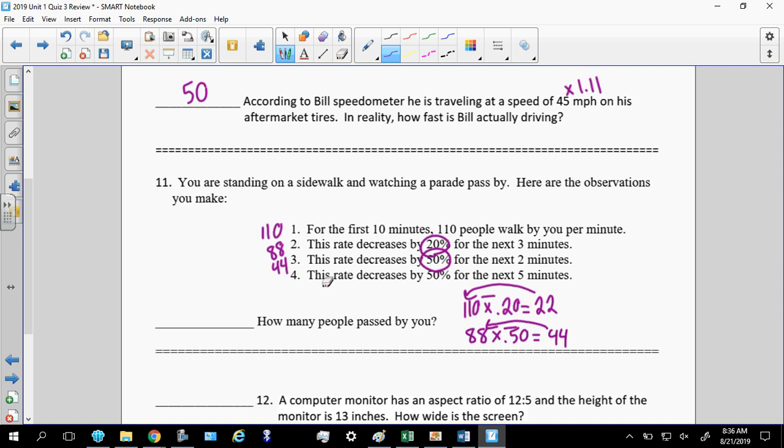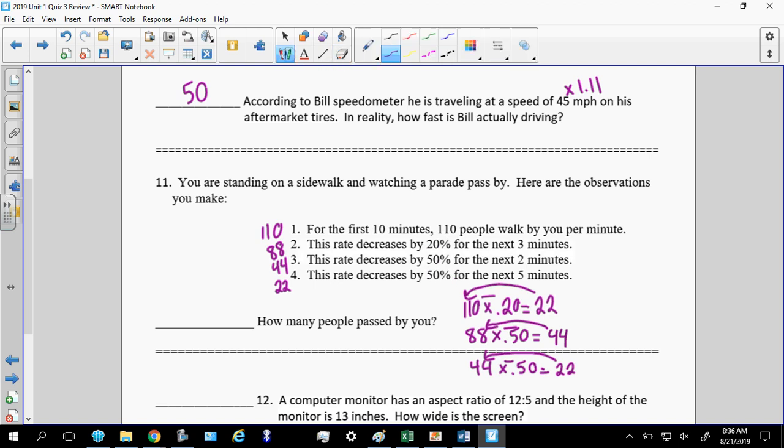Now notice this rate gets decreased by 50%. So again, 44 is my new rate. 44 times 50% equals 22. Subtract, you get 22. So once you do all that, you simply multiply.